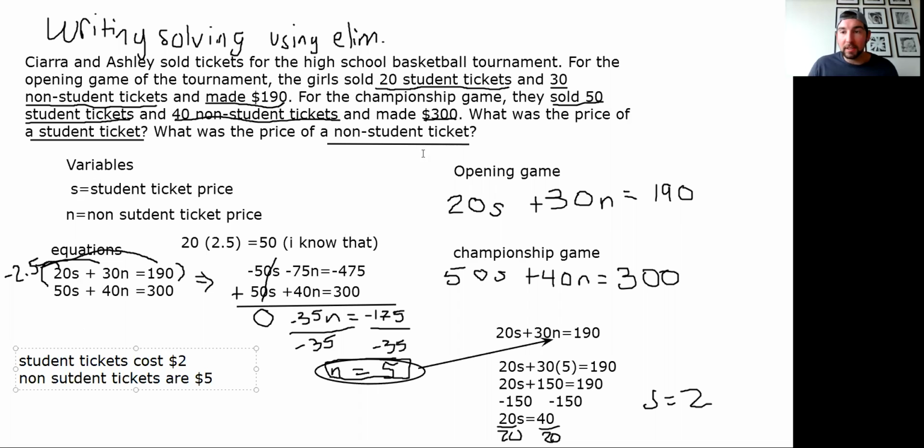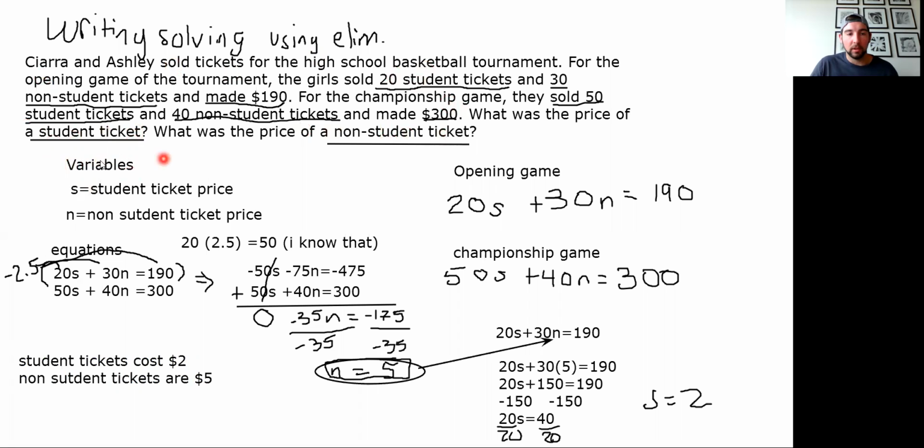Perfect. So that is an example of how you use the elimination method and go full circle with everything. So we started by reading the problem and the question down here, how much is a student ticket and how much is a non-student ticket. That gave me my variables.